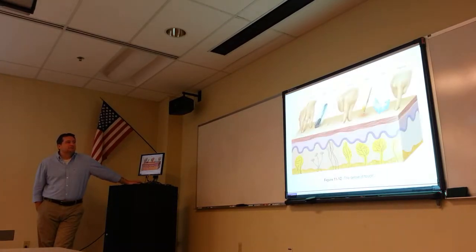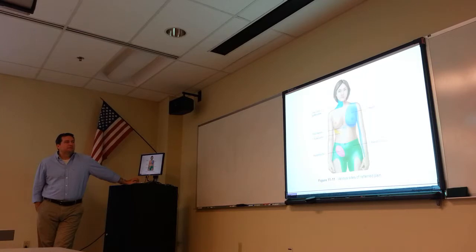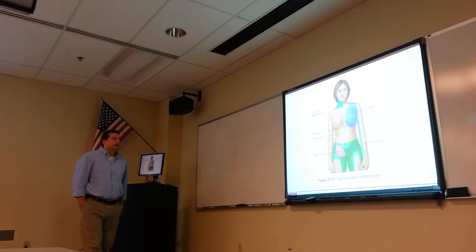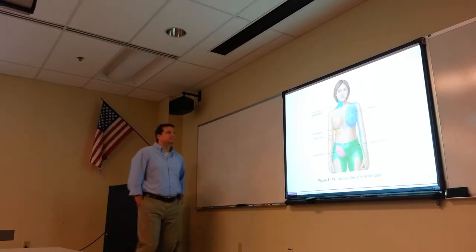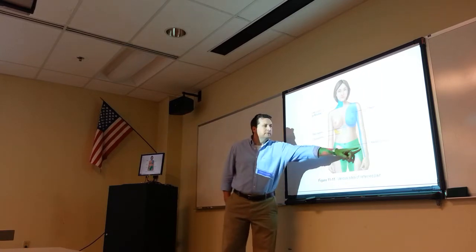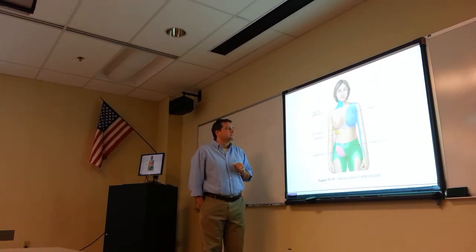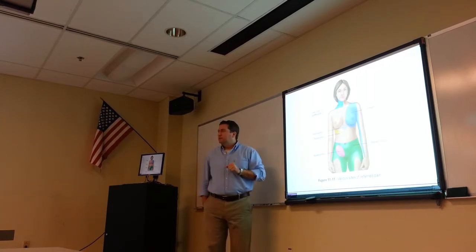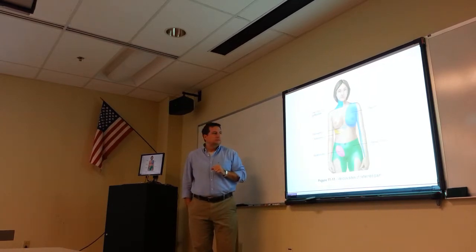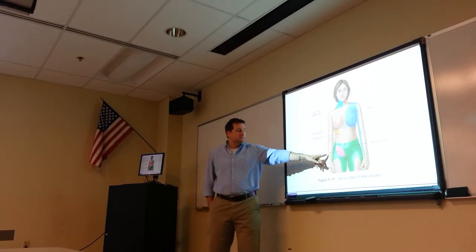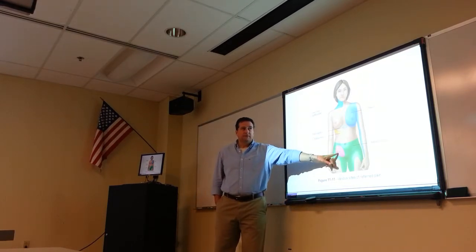Referred pain. Here are pictures of referred pain. We know that referred pain from the heart can also be felt in the arm, sometimes in the neck, sometimes in the back. The gastric area also. Appendicitis, not surprisingly, could be found around the appendix.